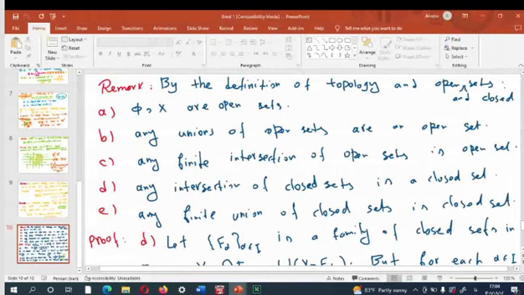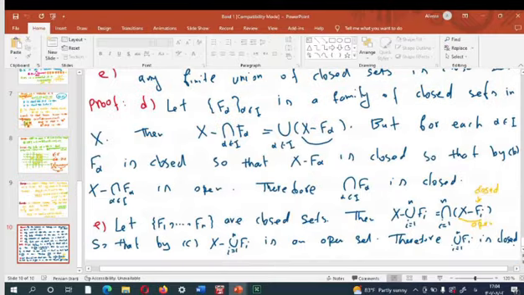Sorry, in this remark that I expressed for you in the previous session, I have a mistake in this line. F alpha is closed so that its complement is open, and so by this, this set is open, because all of these are open, okay?